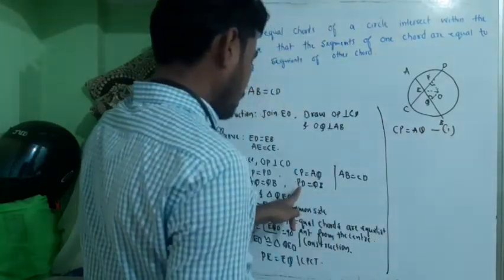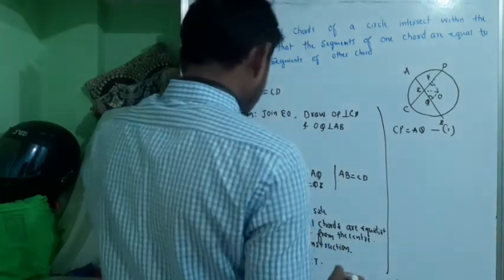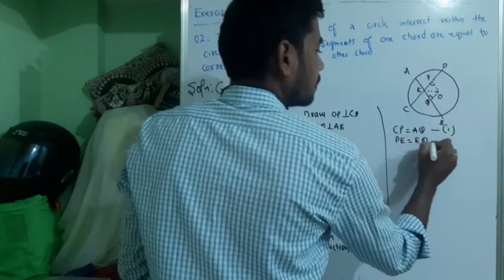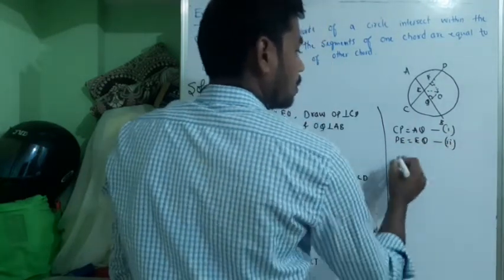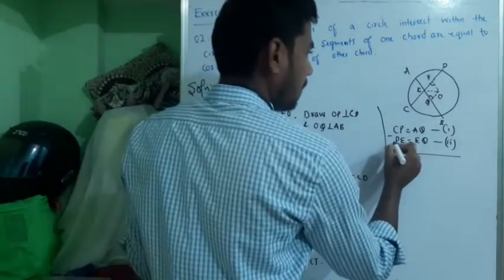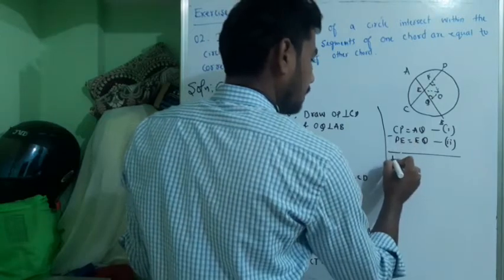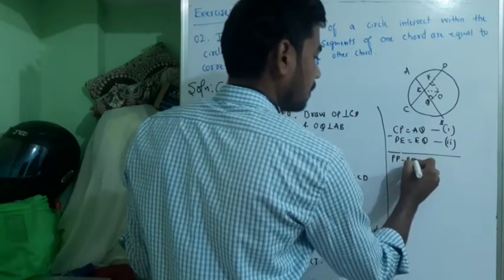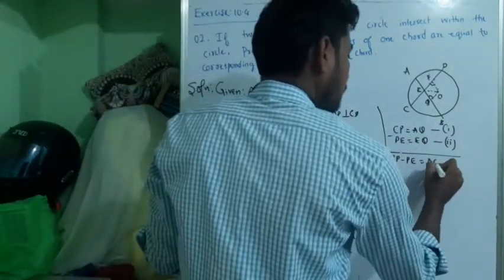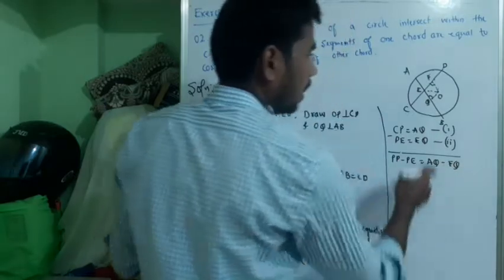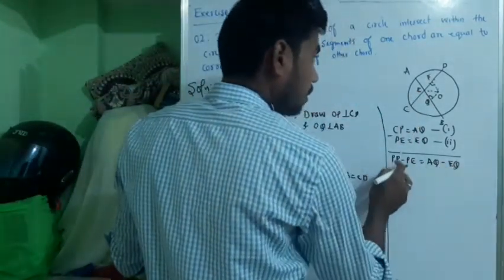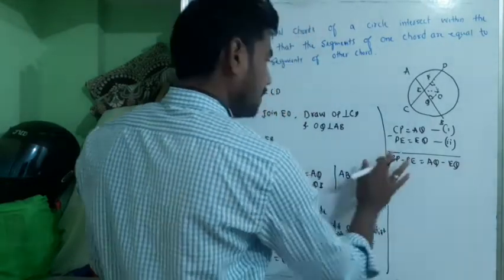And PE is equal to EQ. We'll call it equation number 2. So 1 minus 2 will give us CP minus PE is equal to AQ minus EQ. Now, where we are, that is CP.